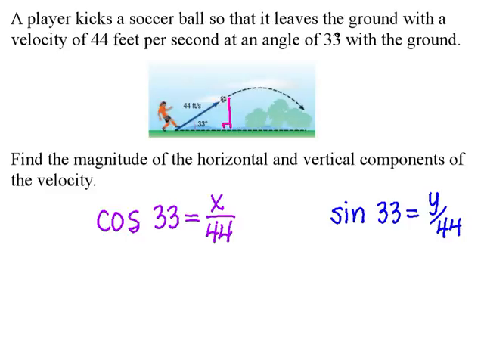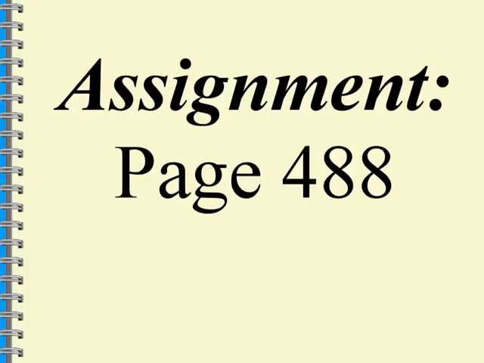For the x, what was it, 36.90? And what's the y? 23. There you go, so there are your components. Pretty straightforward. We went through a lot of stuff today about vectors, but it is fairly easy, and you should be able to handle it.